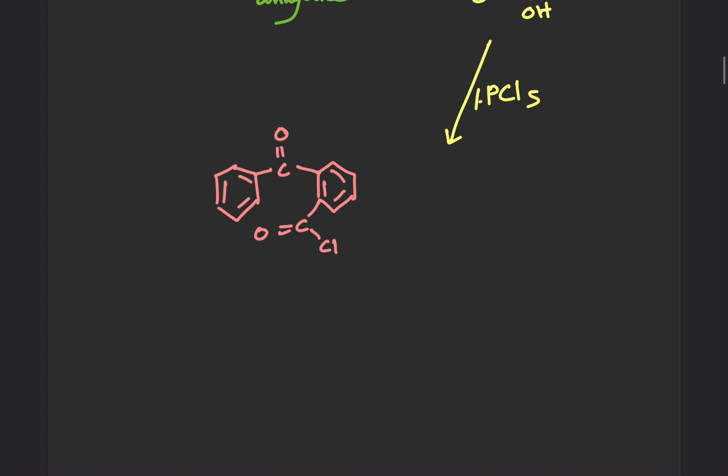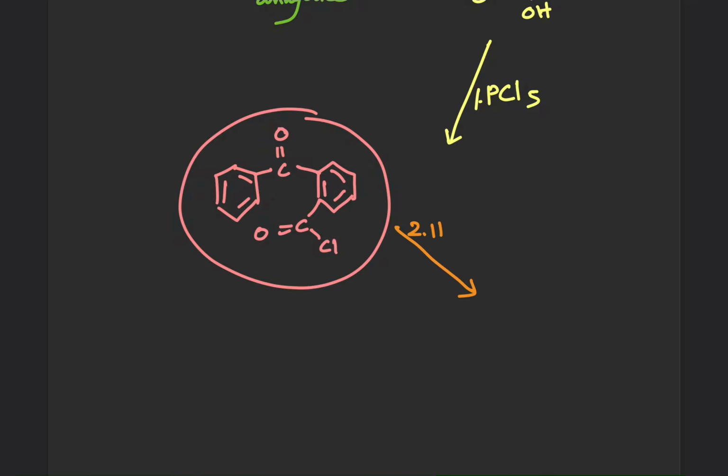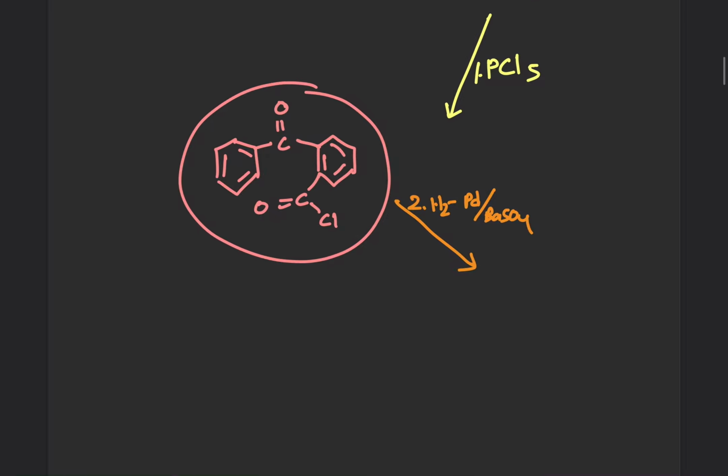Okay, then this compound is subjected to the second set of reagents, that is H2, Pd, BaSO4. Okay, so we should know that acid chlorides are reduced to the corresponding aldehyde by passing hydrogen gas in the presence of palladium catalyst supported over BaSO4. Okay, so this is the famous Rosenmund reduction reaction.